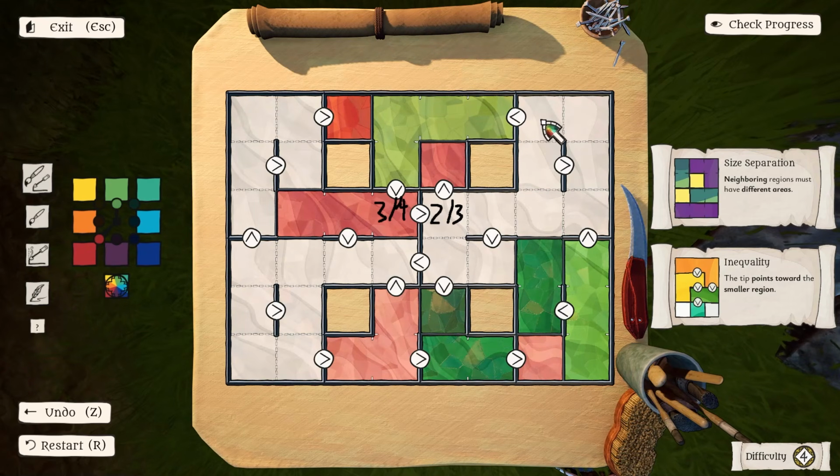So this is a 2 specifically. Wait, so this is a 5, which can't go there. Why not? Well, if it did go there, we need a 6 in here, which is never going to happen.